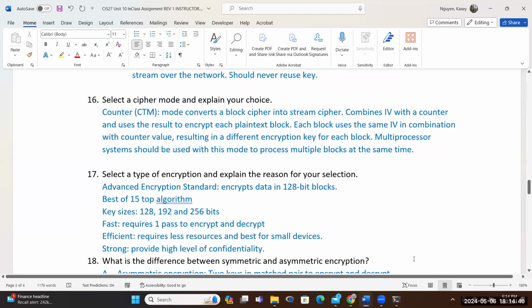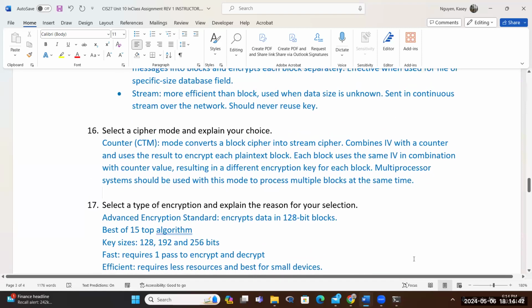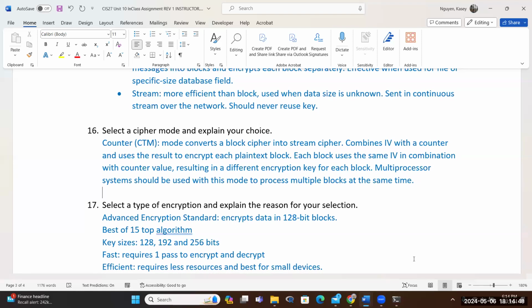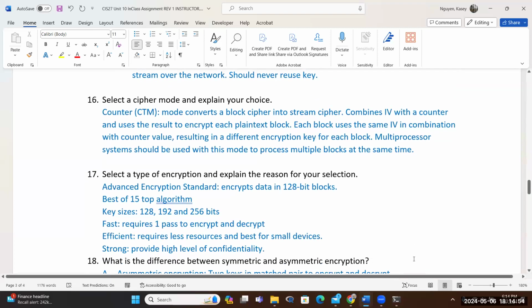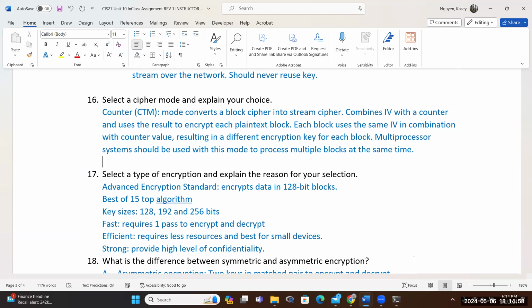It is fast. It only requires 1 pass to encrypt and decrypt. Where triple DES requires 3 passes, right? It is efficient. And it's good for small devices like your IoT, your smart devices, and wireless.